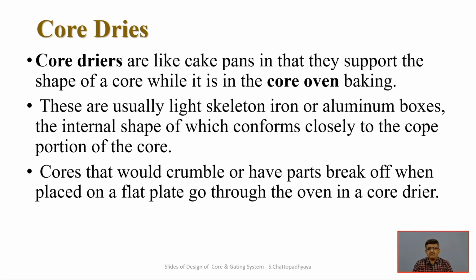Cores that would crumble or have parts break off when placed on a flat plate go through the oven in a core dryer. So those kinds of strategies have to be adopted in order to ensure the appropriate quality of the casting.